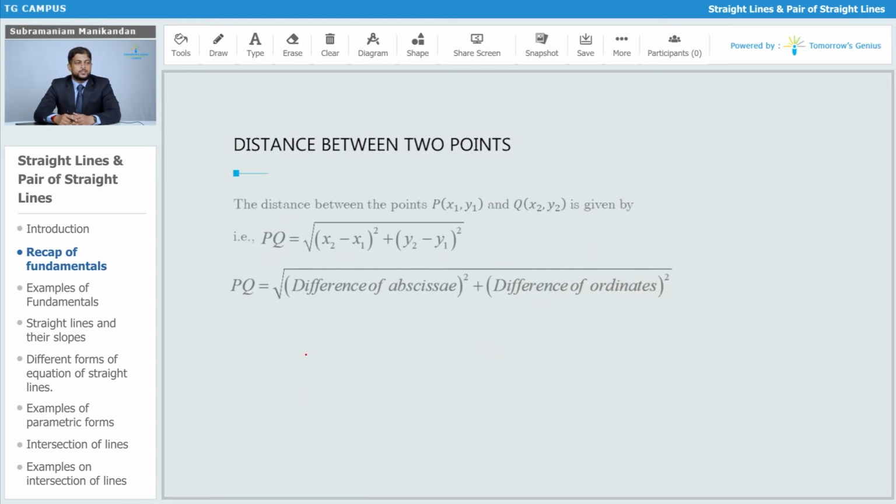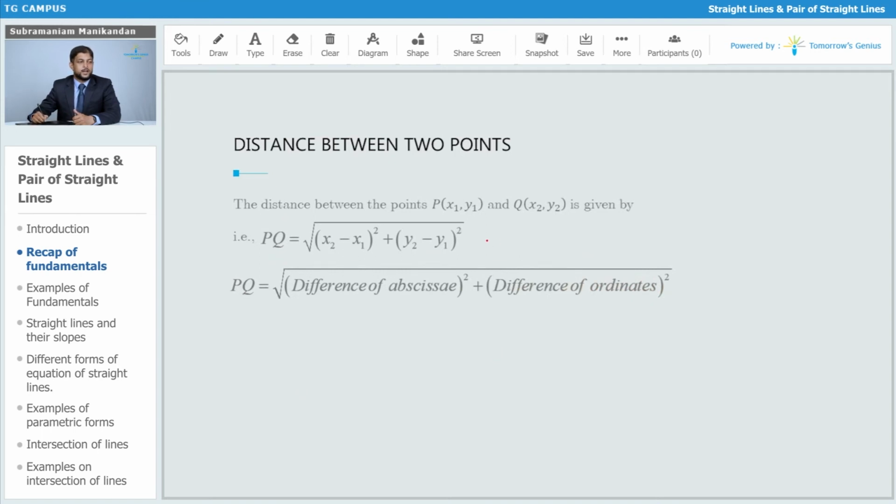So D, which is equal to PQ, is given by the square root of the expression (x2 minus x1) the whole square plus (y2 minus y1) the whole square. And since these are squares, it doesn't matter what the order of subtraction is.